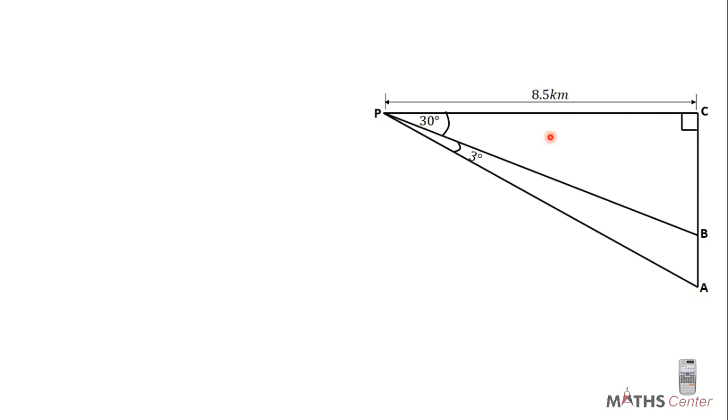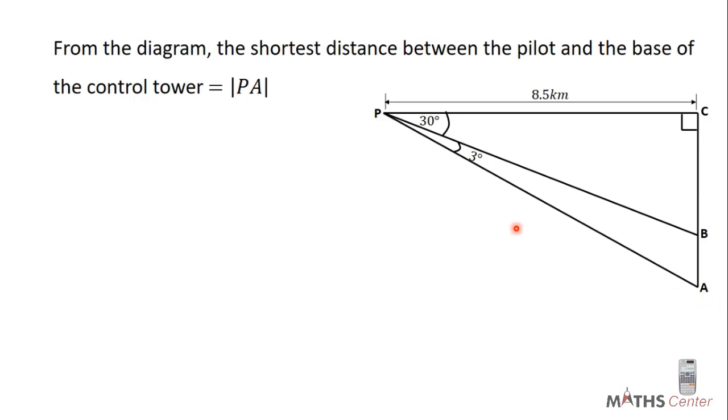You can clearly see from the diagram that moving from P to A will be the shortest distance between P and A. So from the diagram, the shortest distance between the pilot P and the base of the control tower, which is A, is PA. So the question wants us to find PA.